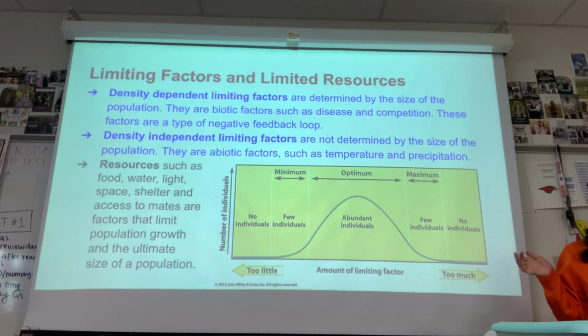The first person gets to choose if you want to describe density independent or density dependent. I will keep the slides up as a reference point.